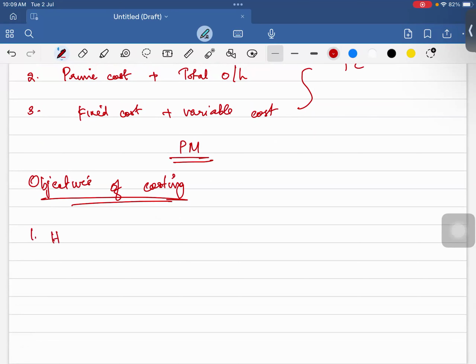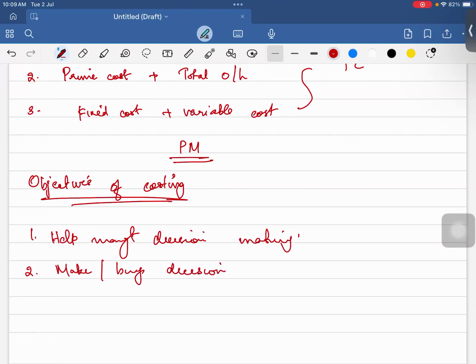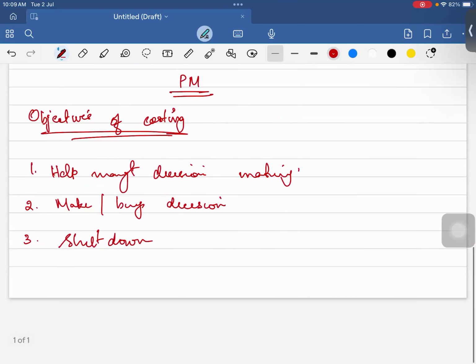First one, it's going to help management in decision making. The second one is you can determine whether you want to make a product or buy a product. Now you can also decide whether or not you should shut down a particular department or a particular branch.